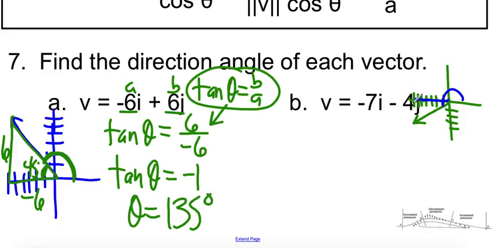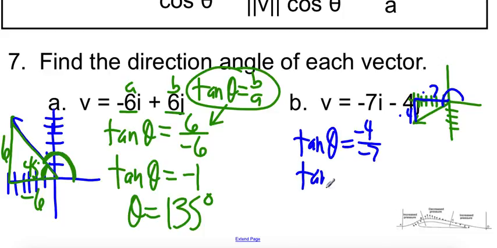You can always draw this triangle and figure it out that way. But what you're going to find out is that tangent of theta is b over a. So negative 4 over negative 7, which is the same thing you get from the triangle. Okay, so tangent of theta is 4/7.